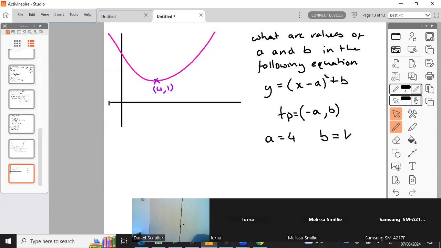All right. The equation written out fully would be y equals x minus 4, squared, plus 1.